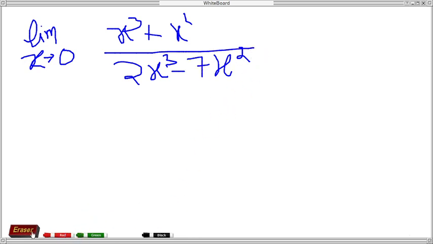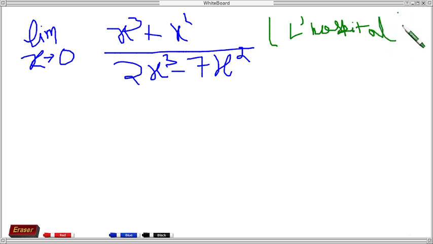In this question you have to again apply the L'Hopital rule.